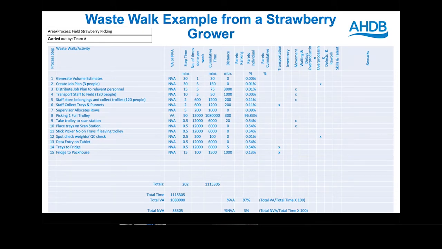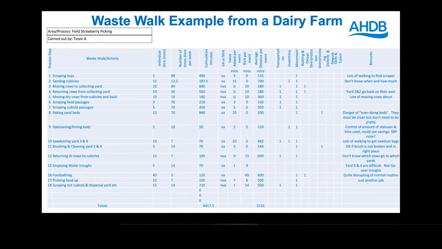Thank you, appreciate that. This is from a dairy farm, so very similar again. This is on the milking of cows. So, a description of all the steps involved in doing it, times for doing those individual elements, the number of times per week you carry out those activities, and the total number of times per week when you multiply the frequency at which you do that activity by the individual elemental time.